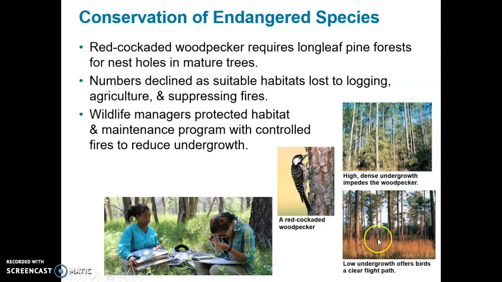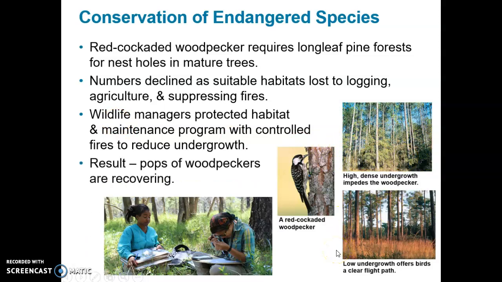Many forested areas have naturally occurring and somewhat frequent wildfire that helps maintain the amount of undergrowth. So these are management strategies that are important. As an overall result, populations of woodpeckers are recovering in some of their native ranges.